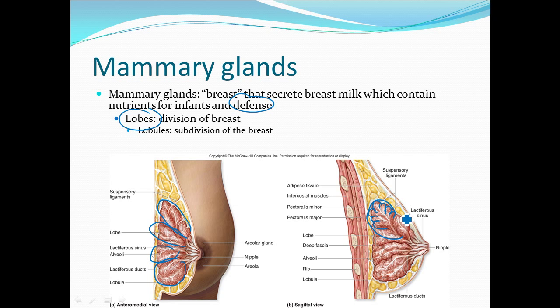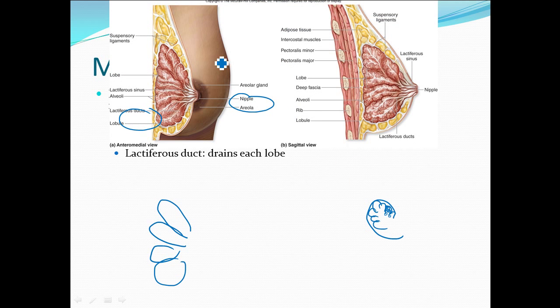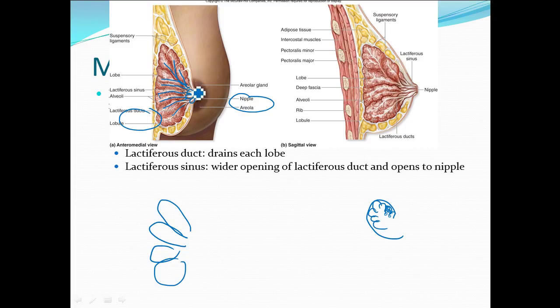The lobules are made up of even smaller structures called the acini or alveoli. Those are the ones that produce milk. And milk will then go through the lactiferous ducts here and drain out of the mammary gland into these larger lactiferous sinuses. So these are the lactiferous ducts going into these larger openings called the lactiferous sinuses.